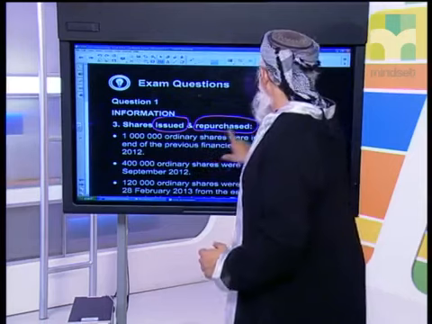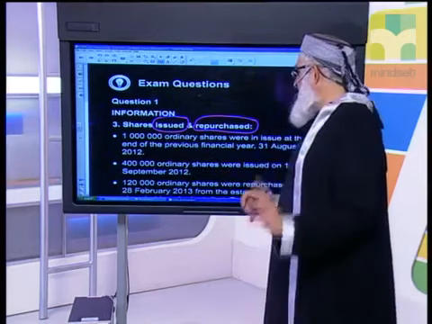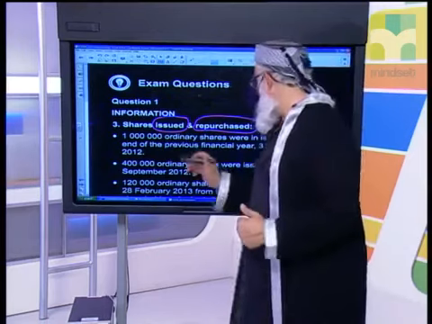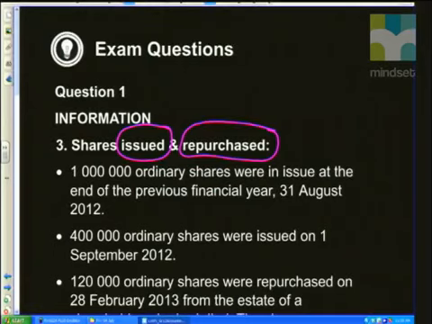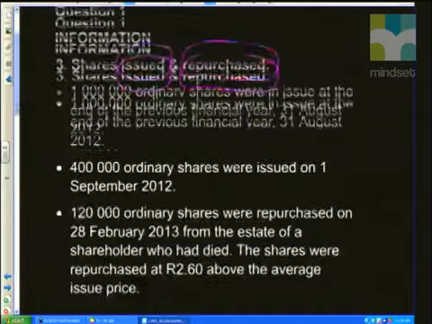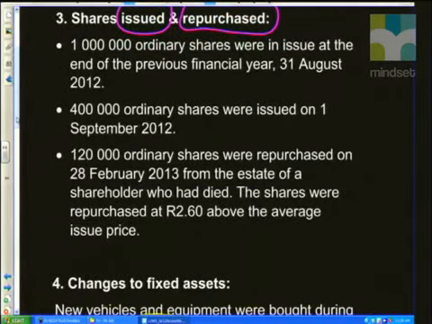Right, what's my information? There were 1 million ordinary shares in issue at the end of the previous financial year, on the 31st of August 2012. So my opening balance is represented by 1 million ordinary shares. What else do I know? I'm told that 400,000 ordinary shares were issued on the 1st of September 2012.